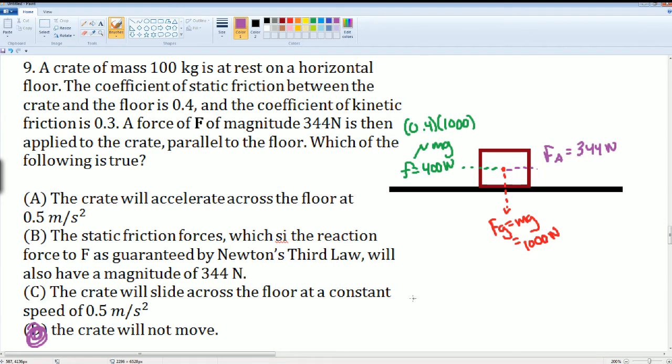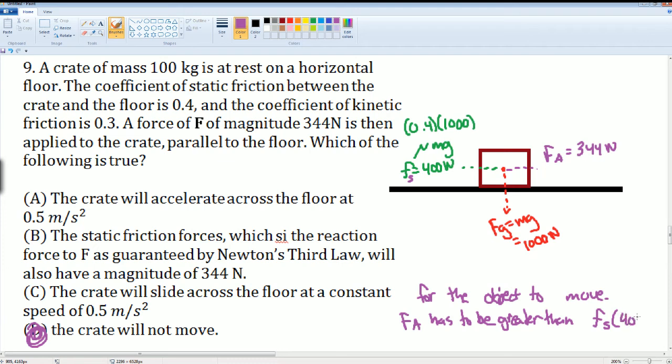So I want you to understand that for the object to move, F applied, if you want to be picky, this is static friction, has to be greater than the force of static friction, which in this case is 400 newtons.